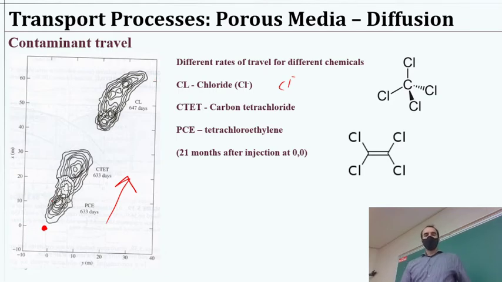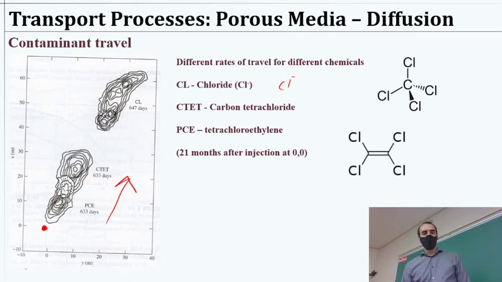It's probably not going to stick to soil particles because it's happy to be in water. Whereas these other molecules are not as polar, so Cl minus is just a charged ion. These guys are more likely to stick to organic compounds, just their nature, and so they're probably going to be sticking to the soil particles and the molecules within the soil and be slowed down.